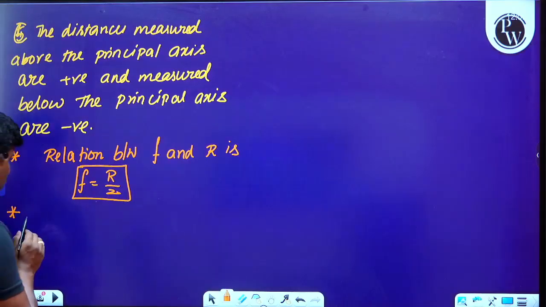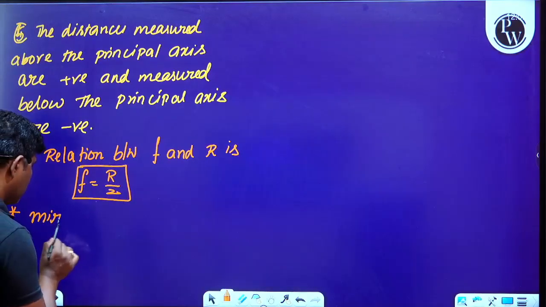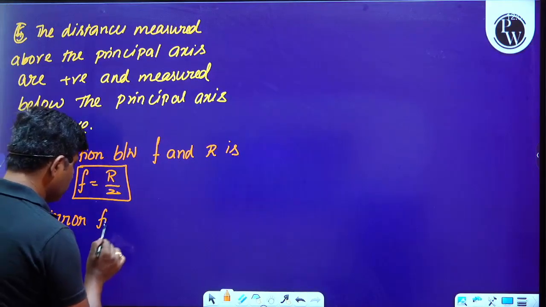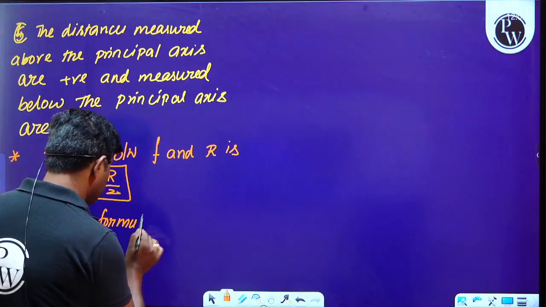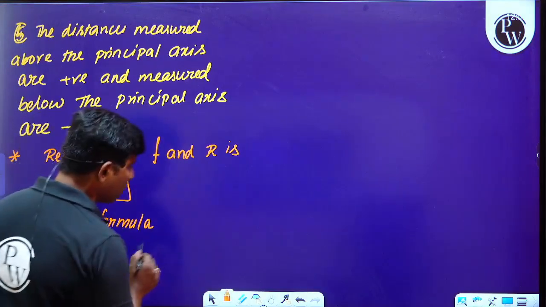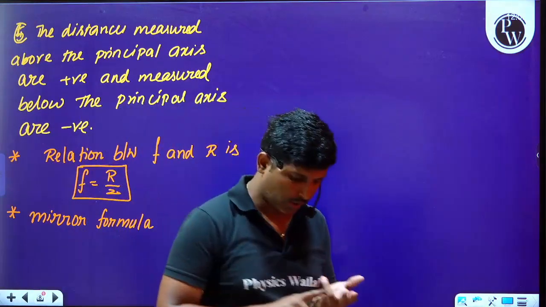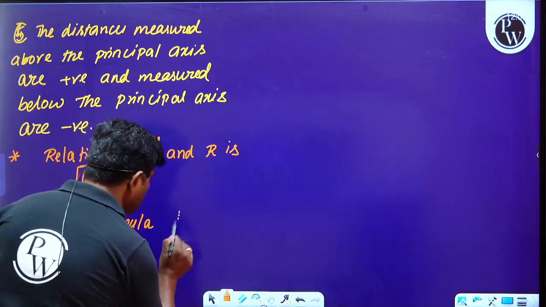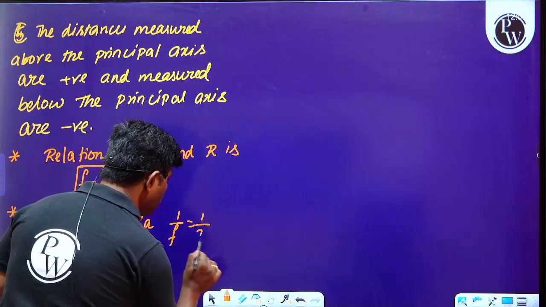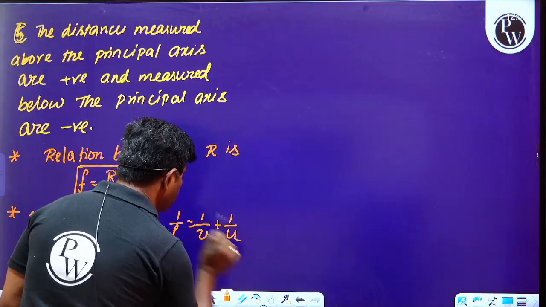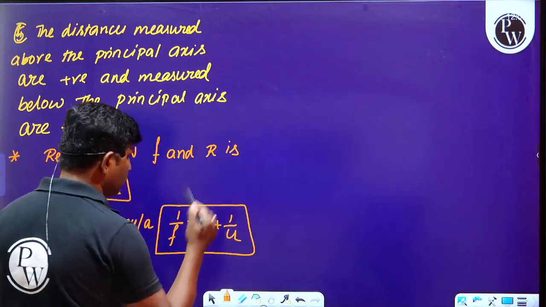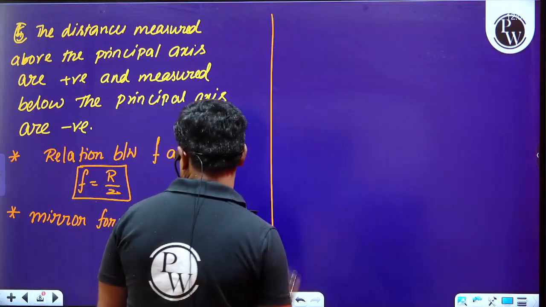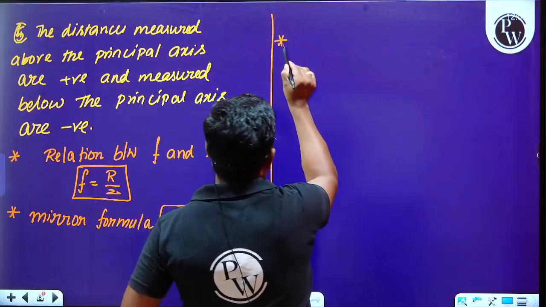And later we have to think about what the mirror formula is. My mirror formula is nothing but the relation between the focal length, object distance, and image distance: 1 by f is equal to 1 by v plus 1 by u.